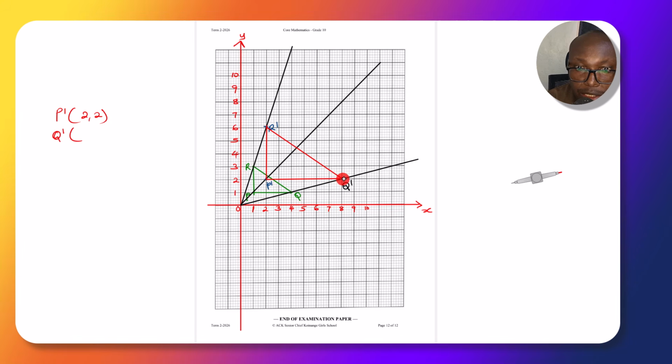This is (8, 2). And then R prime is here. So this is (2, 6). This is how you're supposed to write the coordinates for that part.